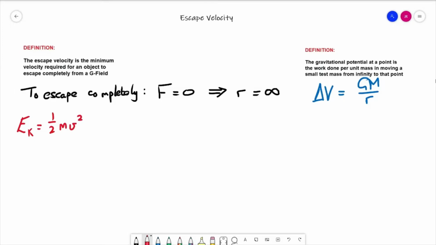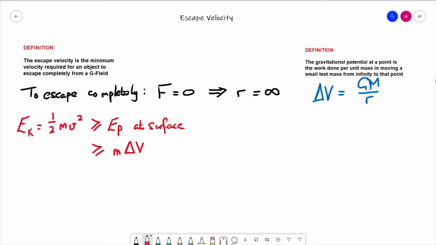Now, in order to completely escape the gravitational field, that must be greater than or equal to the potential energy at the surface. And of course, the potential energy at the surface we can calculate by just doing the mass multiplied by the change in potential.